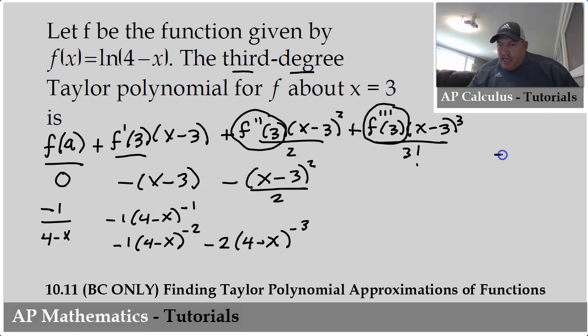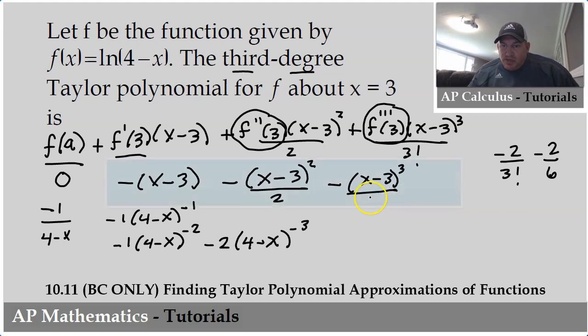But we're taking negative 2 and dividing by 3 factorial, which is just a 6. So we have negative 2 over 6. So we do have a reduction here. It becomes a negative x minus 3 to the third power, and then simply dividing by 3 because the 2 over 6 reduces.